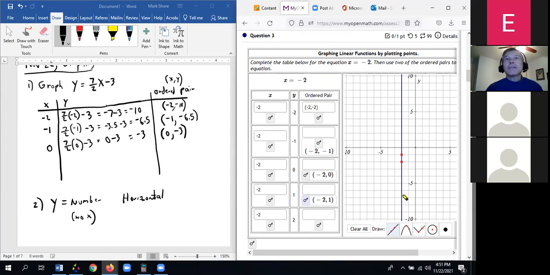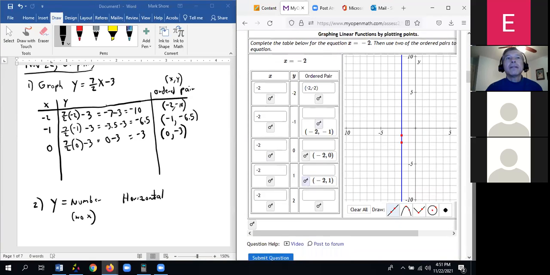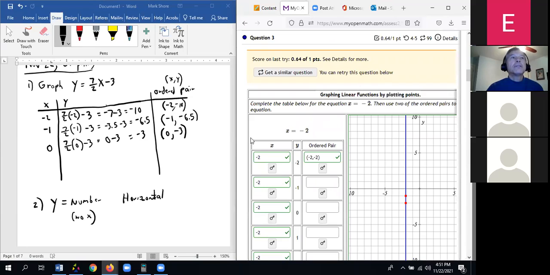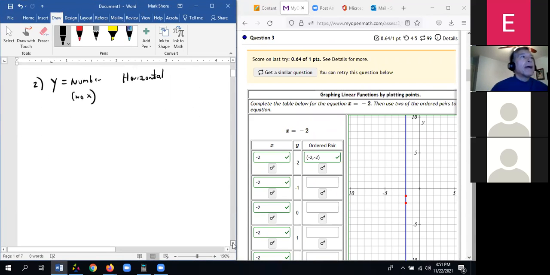I didn't do all the parts of that, but that's all there is on that problem. So just in terms of notes here, the graph of any equation that looks like x equals a number, in other words, there's no y in this equation, is going to be a vertical line, straight up and down.